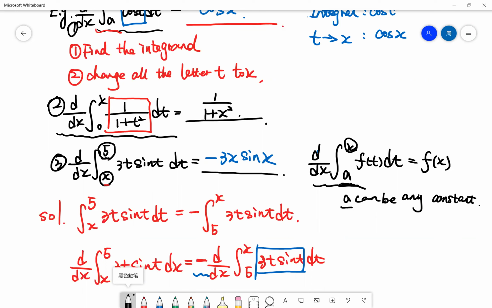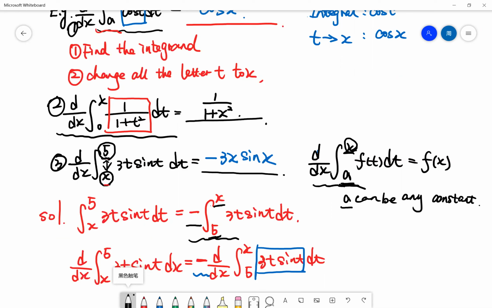So the first step, we exchange the lower limit and the upper limit. Here you will find that it matches the formula. If we exchange these two limits, don't forget to put a minus sign.